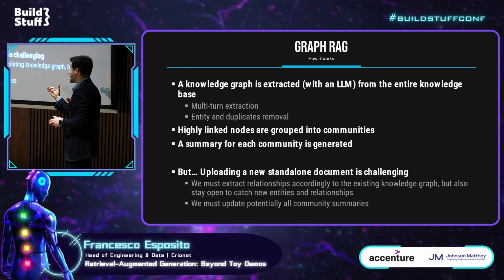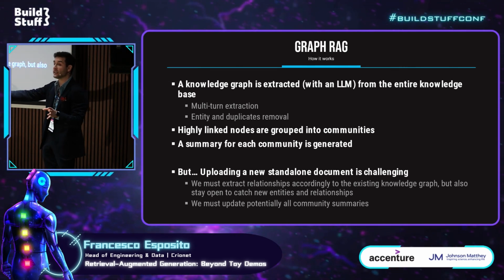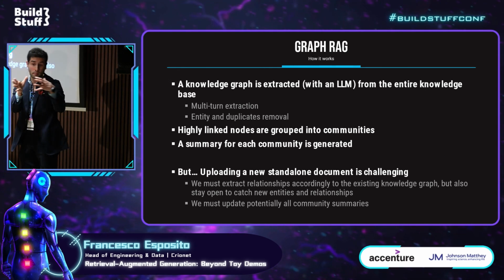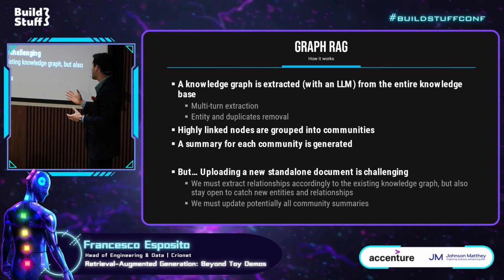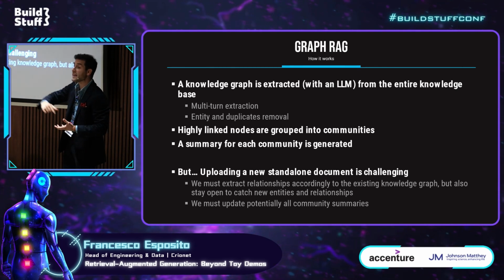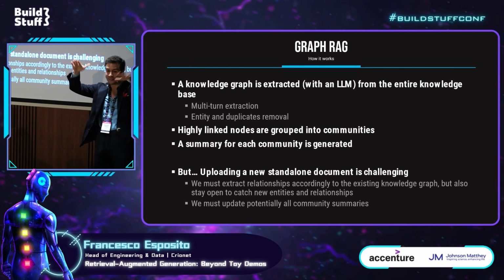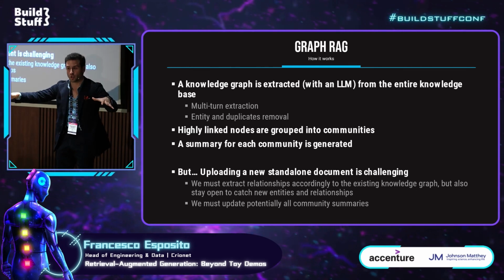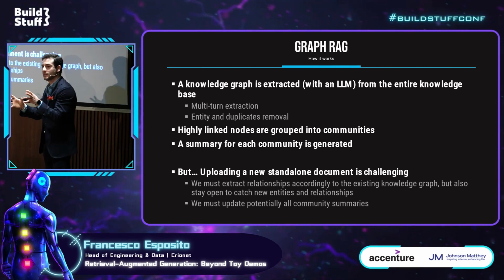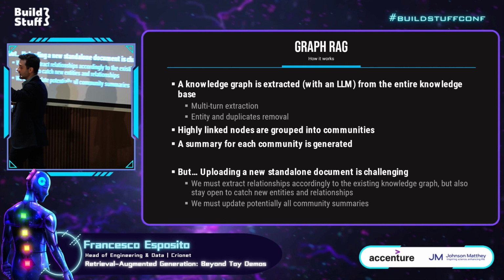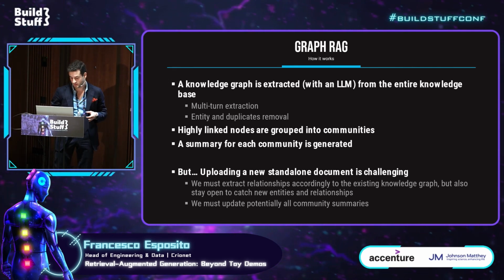But it's complex because we must extract relationships according to the existing schema, because we already have in place a graph built from the original document base. At the same time, we have to stay open to catch new entities and relationships. So this balance is complex, even for a human. So when do we need to add new entities? It's not an easy problem, and it's strictly dependent on the use case and the business rules.